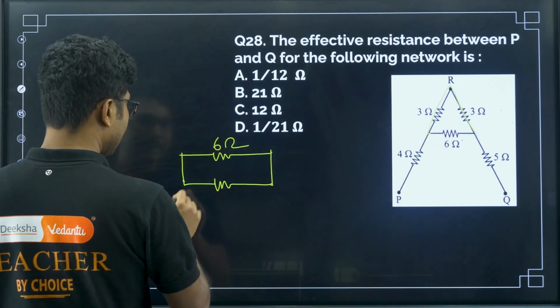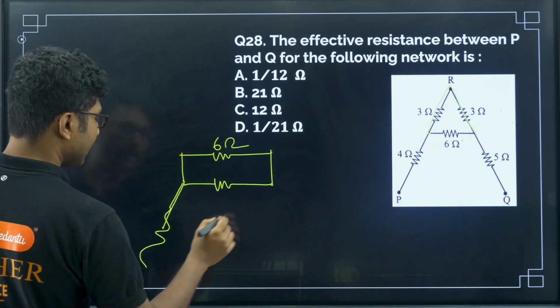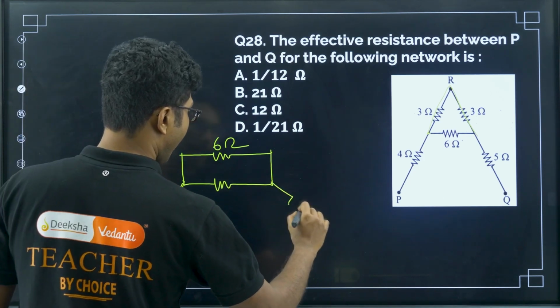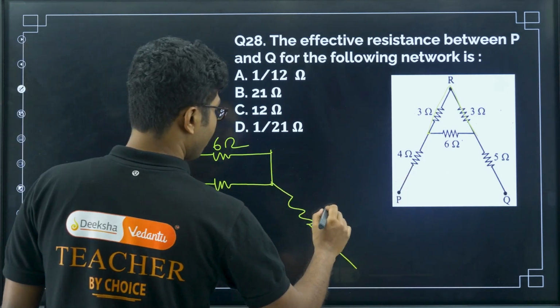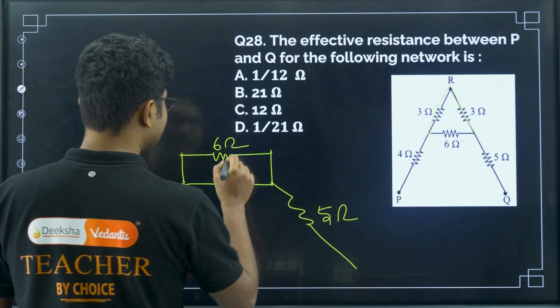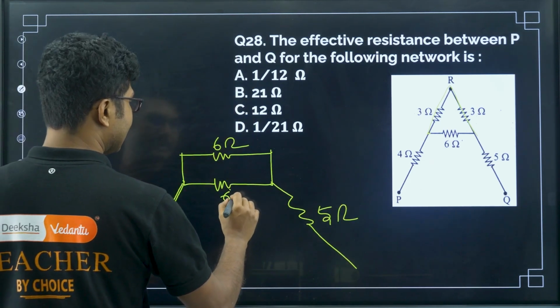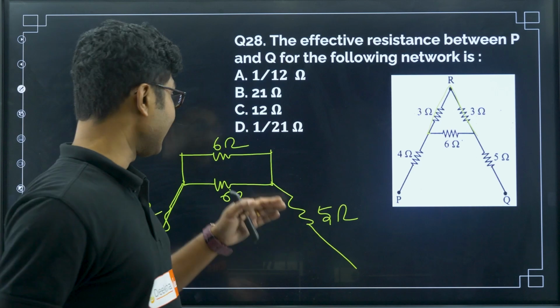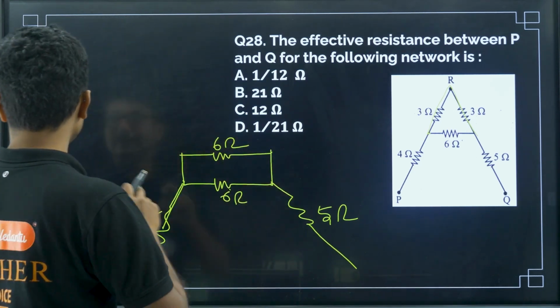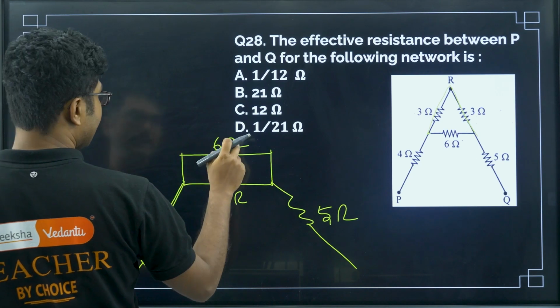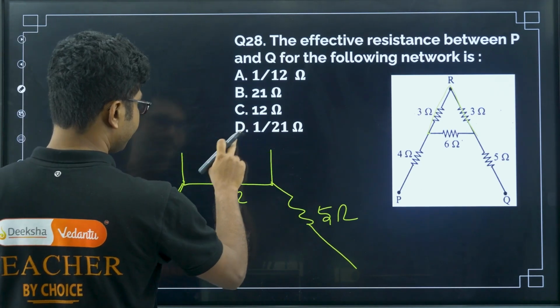And then this combination is connected in series with two more resistances, 4 ohm and 5 ohm. Now 6 and 6 are connected in parallel, so the equivalent resistance will be 6 by 2.